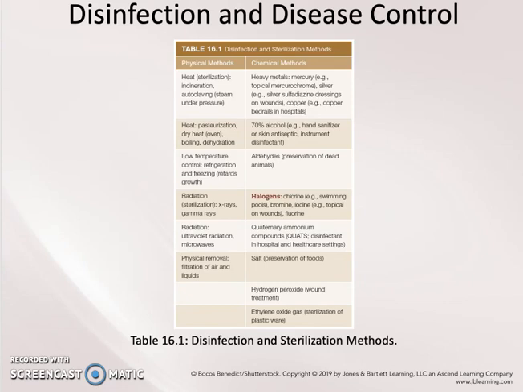This would be things like alcohol, rubbing alcohol, hydrogen peroxide, and Purell, which can use rubbing alcohol or ethanol, another type of alcohol, the kind that we drink. In addition, using soap and water can also be highly effective.